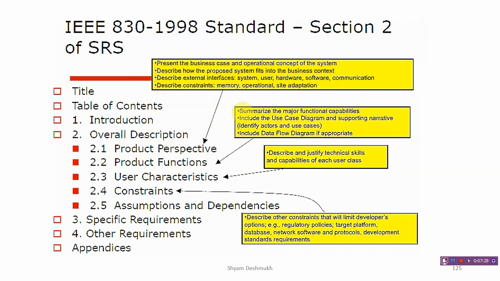Then the product functions, like a summarization of the major functional capabilities; include the use case diagram and supporting narrative, and the data flow diagram if appropriate. Then describe and justify the technical skills and capabilities of each user class, and describe other constraints that will limit developers' options, for example regulatory policies, target platform, database, network software and protocols, and development standards requirements.